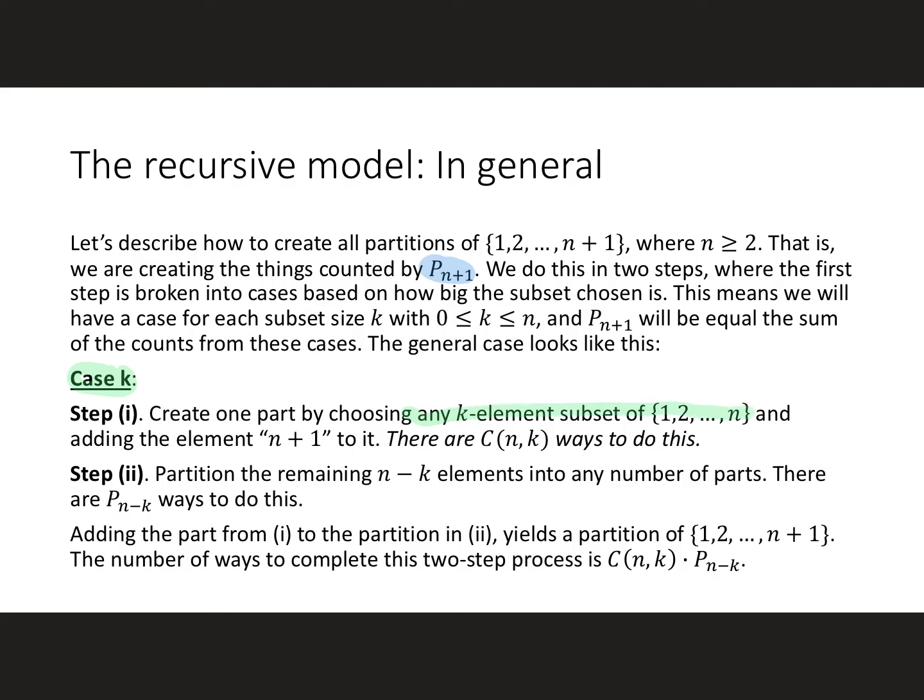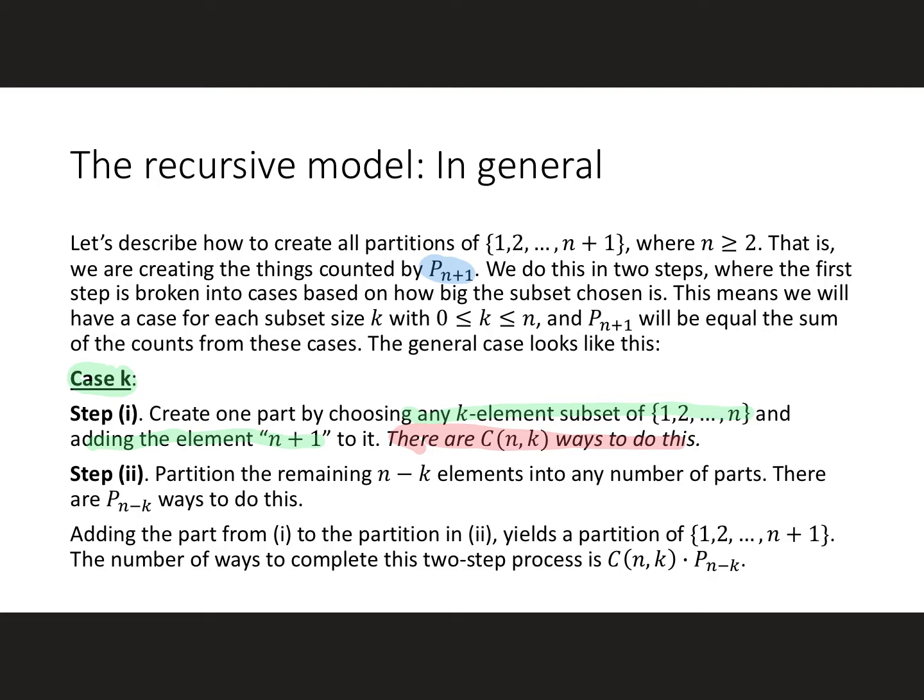So I know exactly how many elements I'm picking, and then I add the n plus 1 to it. So the same way I picked a subset of 1 through 3 and added the 4 to it, that's exactly what I'm doing here. But we know the number of ways to pick a k-element subset of 1 through n is n choose k. So there are n choose k ways to do step 1.